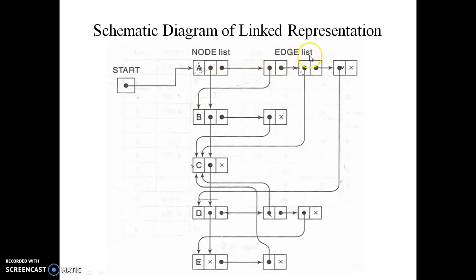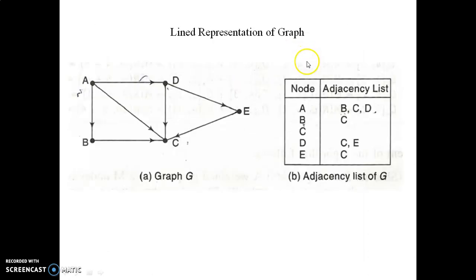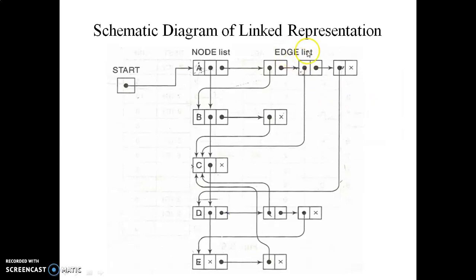Now next is the edge list. In the adjacency list, B, C, and D are the adjacent nodes. So in the edge list, this will represent B, this will represent C, and this will represent D. The address of this B will be present over here, and the address of B will be present in this particular field.